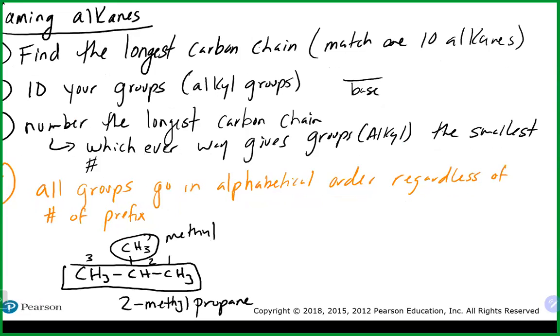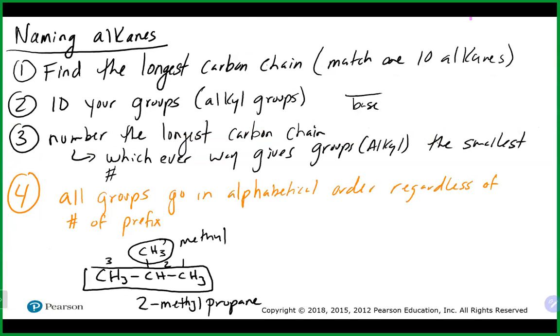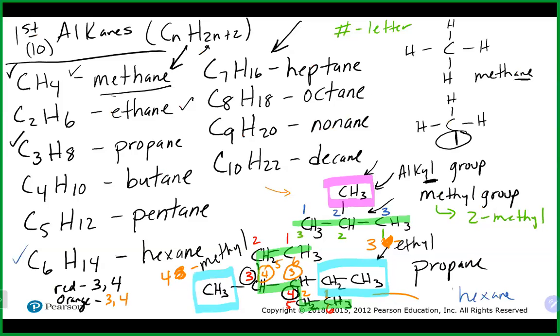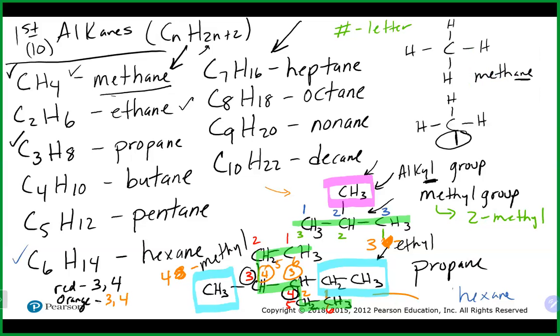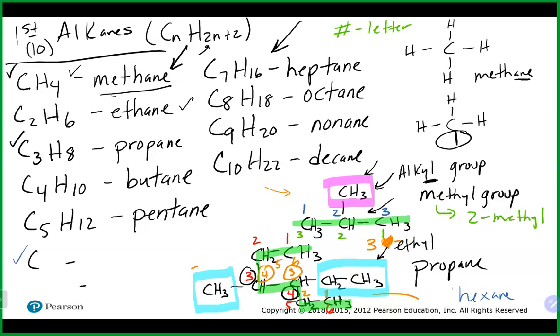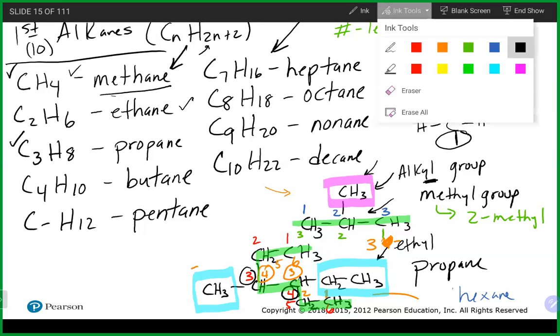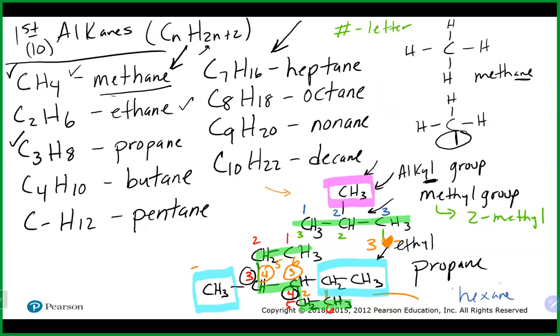Now, if we were to put together the other one that we were looking at to really finish up here, I don't want to mess up redrawing it. I'm just going to clear out all this stuff here. All right, so putting this together with everything we were talking about, we're going to go with the base of the name, which was 6 carbons, which is hexane.